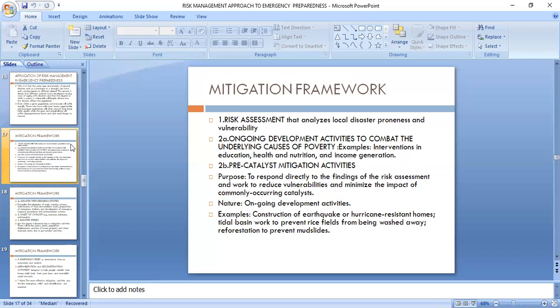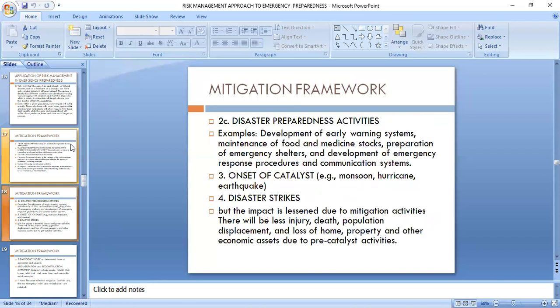Then 2B, pre-disaster mitigation activities, which you do alongside ongoing development activities. For example, you know the area is prone to earthquakes, so you can start building earthquake-resistant buildings. If the area is prone to flood, you can start putting up embankments and so on that can help minimize flood impact in that particular community.